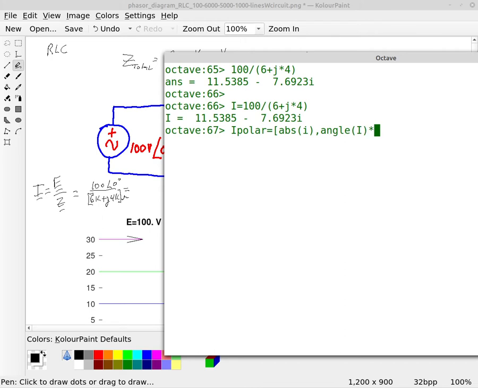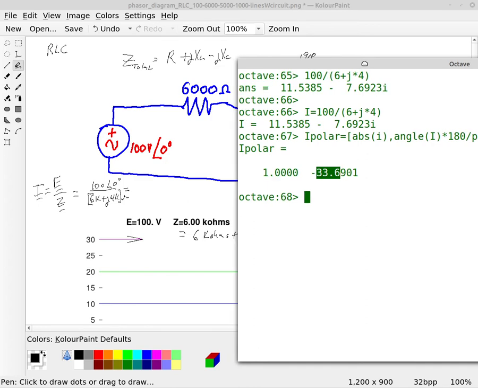The angle function gives you radians, so I'm going to multiply it times 180 degrees and divide by pi radians to get it into degrees. And so the current actually turns out to be 1 milliampere, because remember there was a K in there, with an angle of minus 33.7 degrees to the third significant digit.